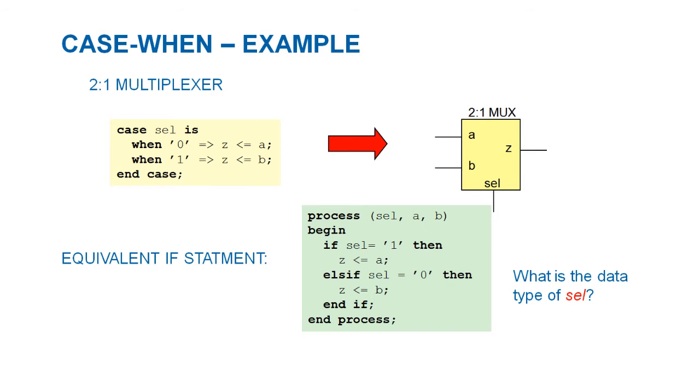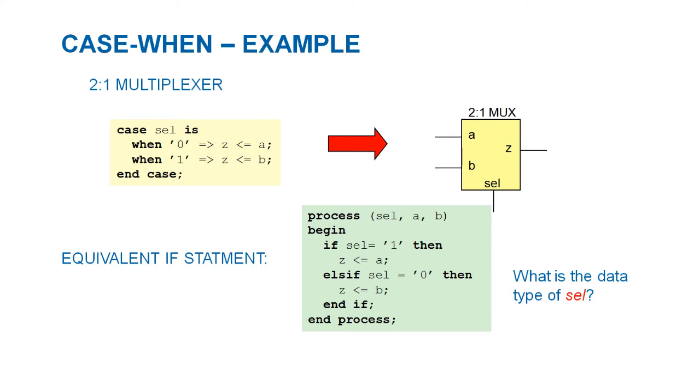So this implementation is very okay if we are very certain that selection is of data type bit. So in the case select, when the choice is 0, assign signal A to the output Z. When the choice is 1, assign signal B to the output Z.